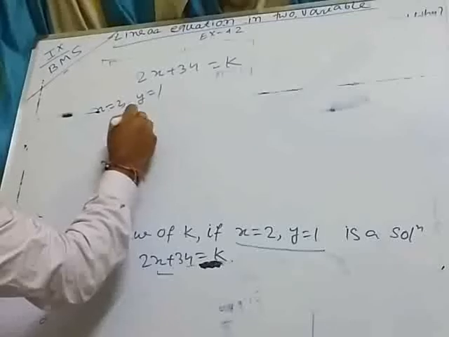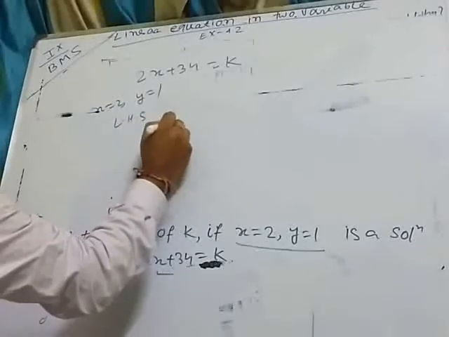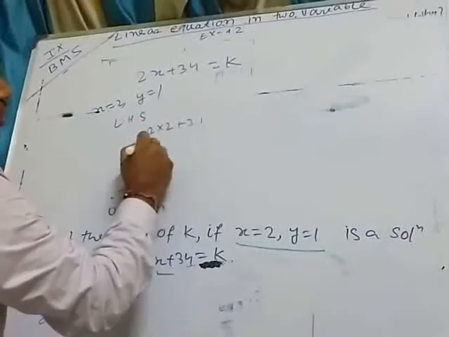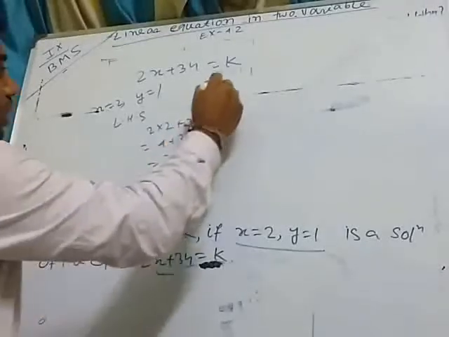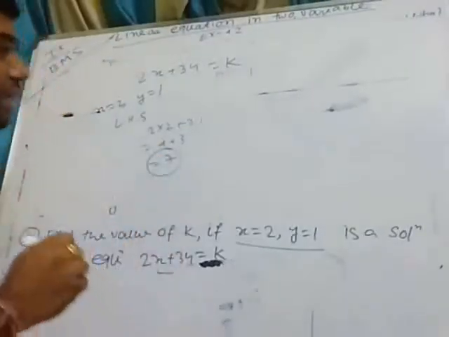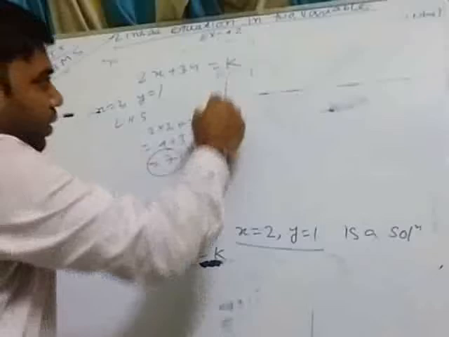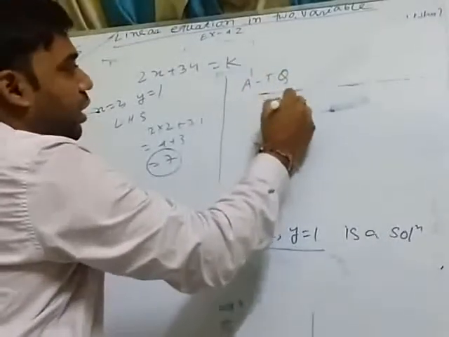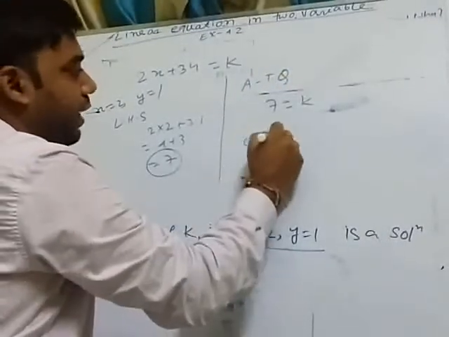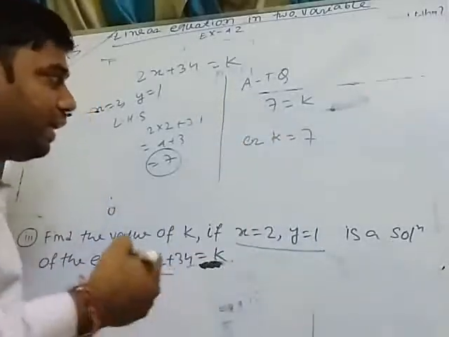Left hand side will be 2 into 2 plus 3 into 1, 4 plus 3 equal to 7, so the left hand side equals 7. According to the question, 7 equals k, or k equals 7. So the value of k is 7.